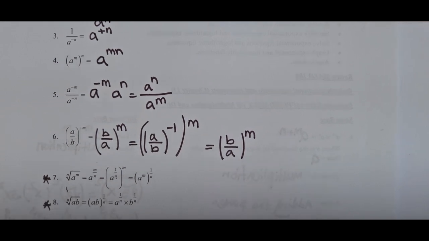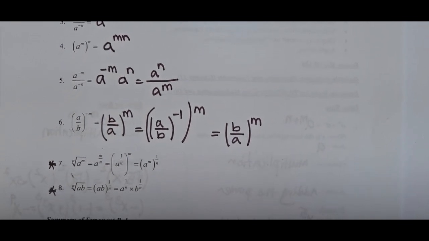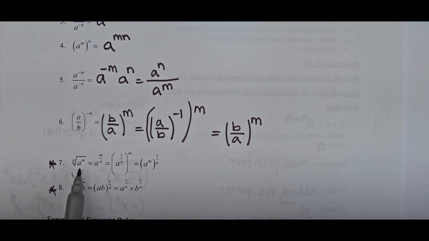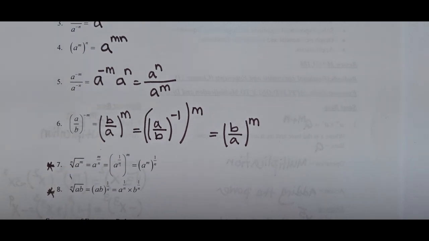Now 7 and 8 are extremely important. I want you to put a star next to them. Here we have an exponent, and then afterward we are taking the nth root. So a to the power m is under the radical sign, and then outside we are taking the nth root.